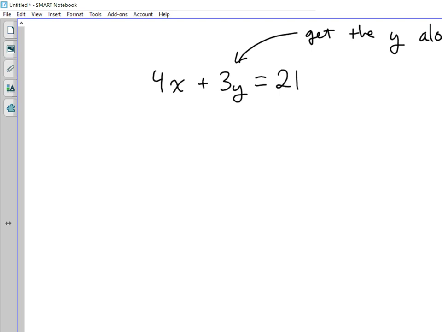So we have to get rid of the 4x, and we have to get rid of the 3. Those are our two steps. Let's first get rid of the 4x. Right now, the 4x is a positive 4x, isn't it? So we're going to subtract it on both sides to get rid of it. It's going to come over to the other side.